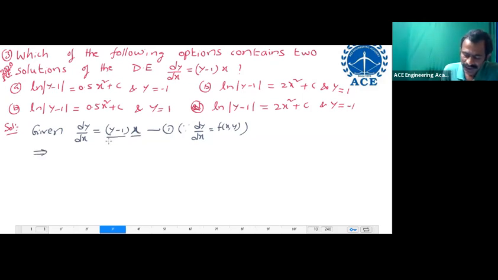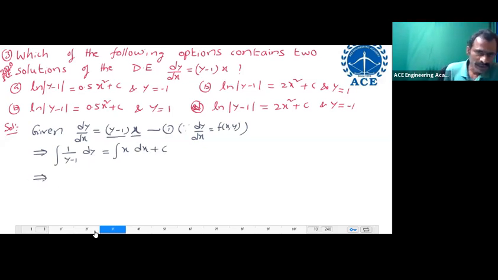First, we rearrange the terms. Rearrangement means we write all y's on one side and all x's on the other side. So (y minus 1) dy equals x dx, and then take the integration plus c.